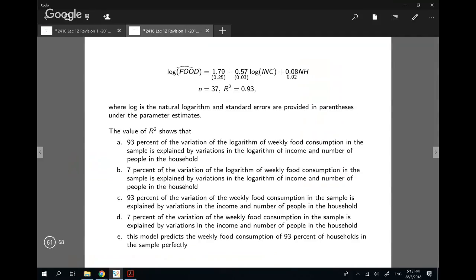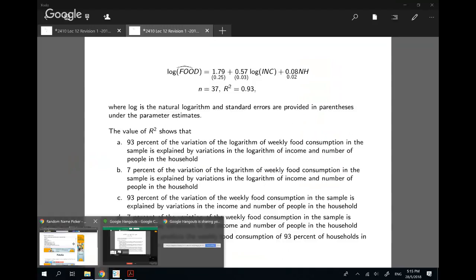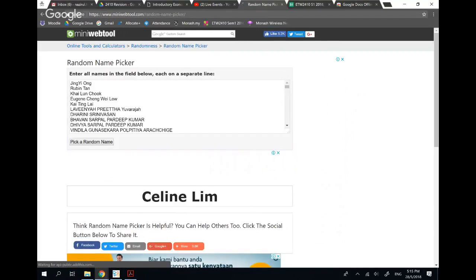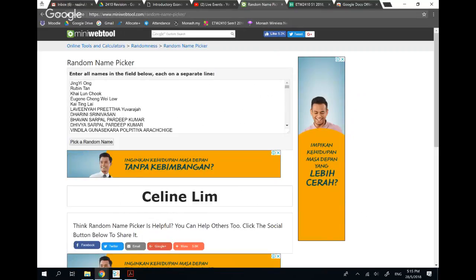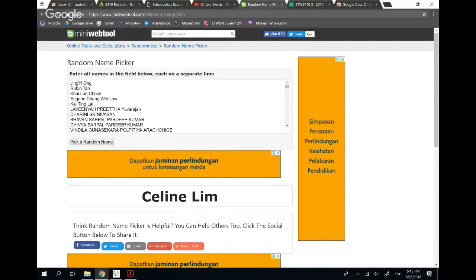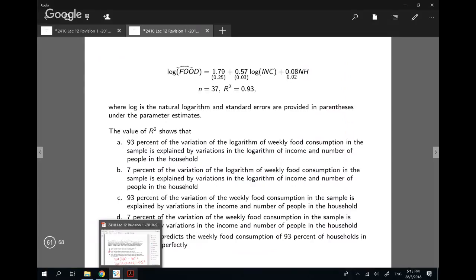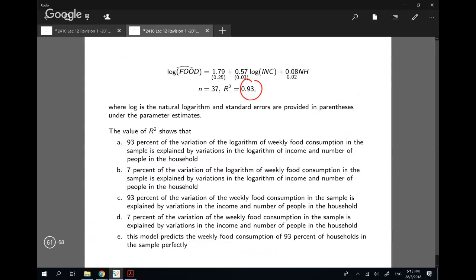Okay, the value of R square shows that... A, 93% of the variation of logarithm of weekly food consumption is explained by the variation of logarithm income.